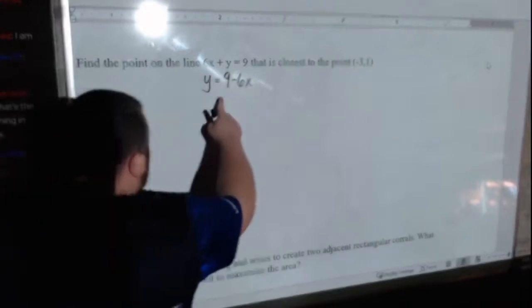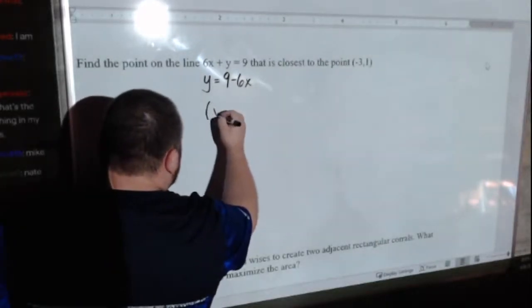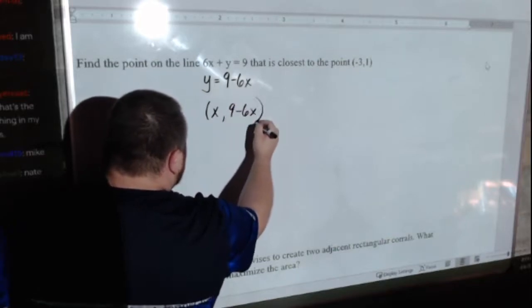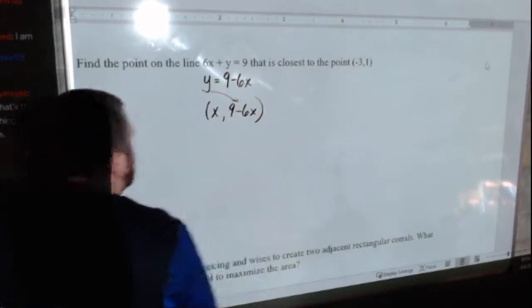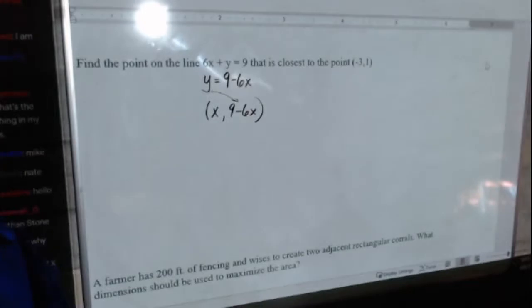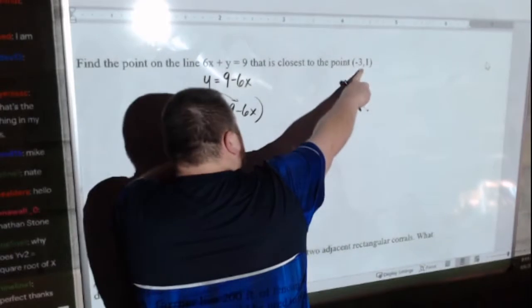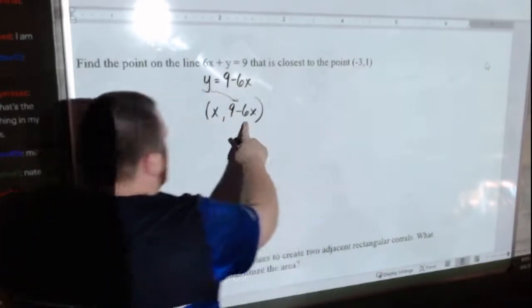So any point on this curve would be represented by x and then 9 minus 6x, because that's y. Again, we are trying to minimize the distance between that point and this point.